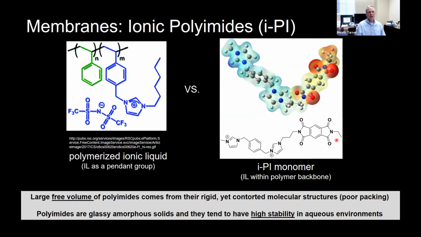In the past, people have looked a lot at polymerized ionic liquids, but what's really happening is they're adding these ionic liquids as pendant groups to some type of polymer backbone. Whereas in our case, the charge and the ionic liquid functionality is actually within the backbone itself.